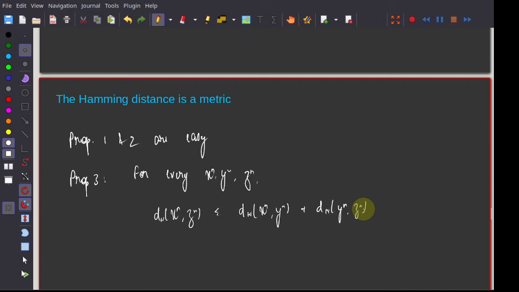It is the minimum number of changes that you need to make to go from xn to yn.